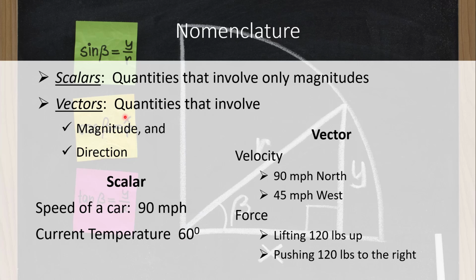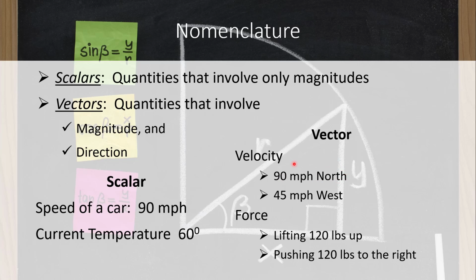A vector, at least from a geometrical perspective, is a quantity that involves both a magnitude and a direction. So two items are required to specify a vector. An example of a vector is velocity, which is different than speed because speed is essentially the magnitude of the velocity. But once you include a direction, such as north, or 0 degrees relative to true north, you now have a vector.